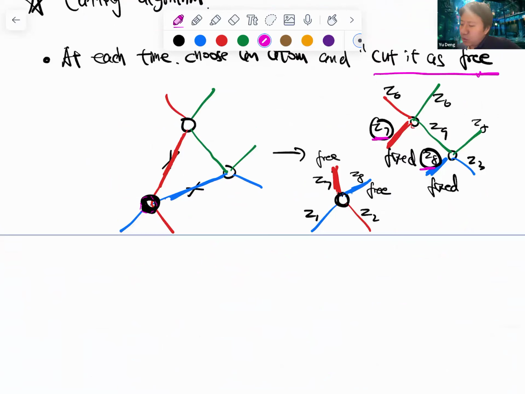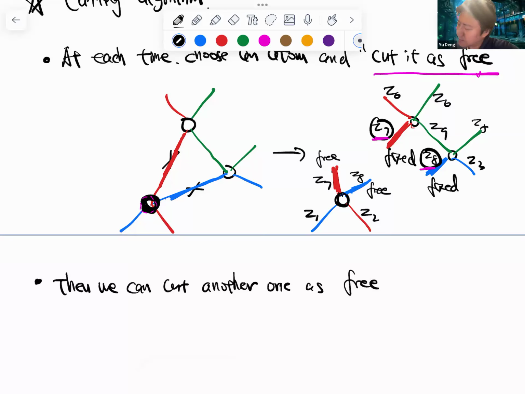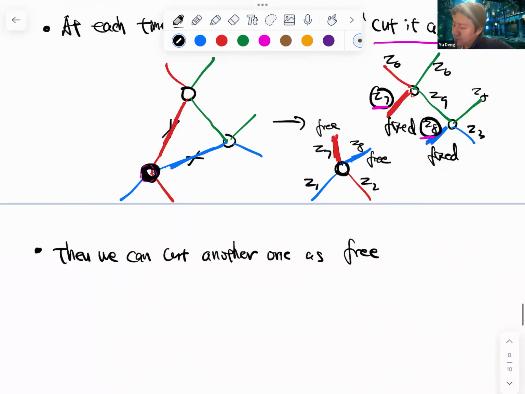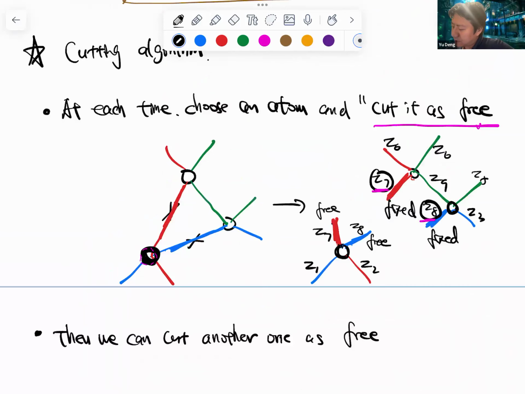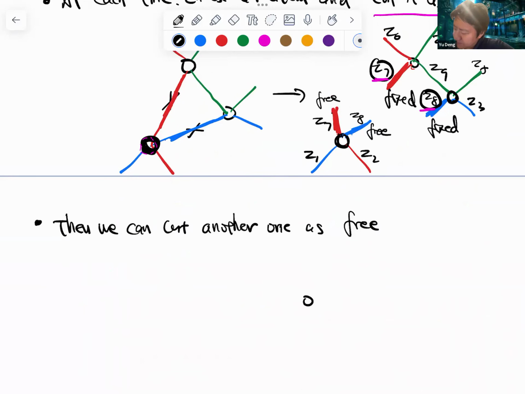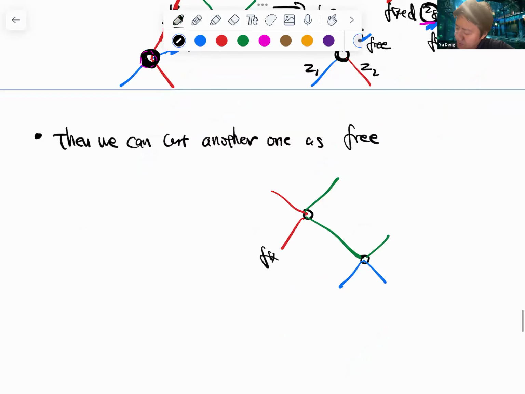So let's say we do a second cut. Then we can cut another one as free, and this time let's say we cut this as free. Sorry, this is fixed.